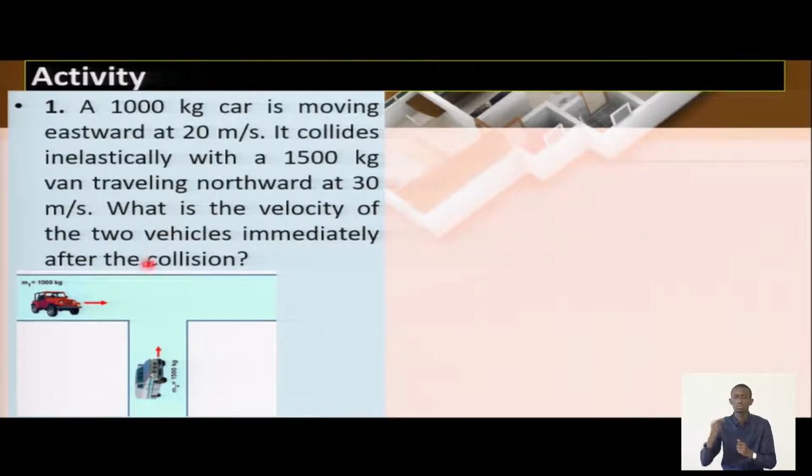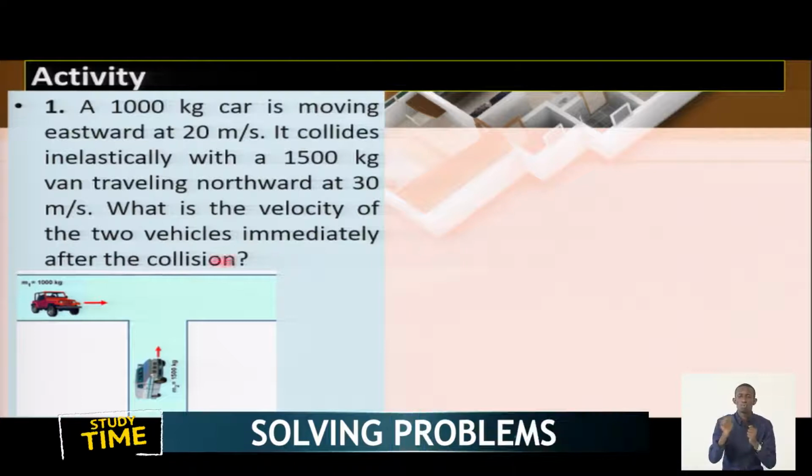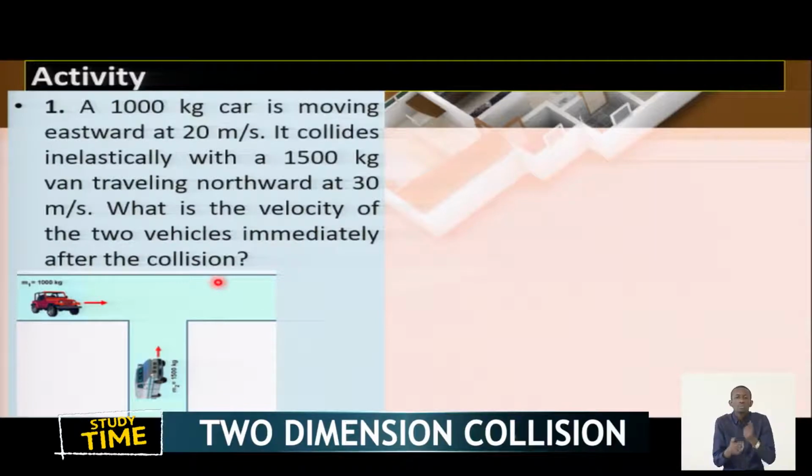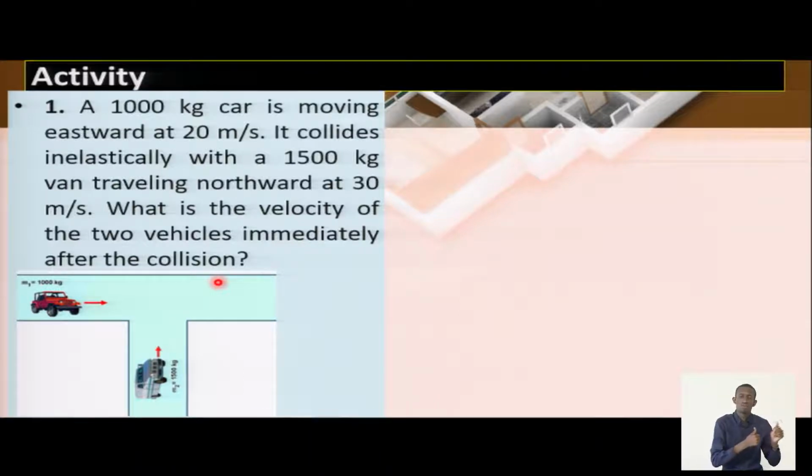What is the velocity of the two vehicles immediately after the collision? Now, this time, when colliding, they will stick together and move with the same velocity. So let's do this question. This is a correction here.